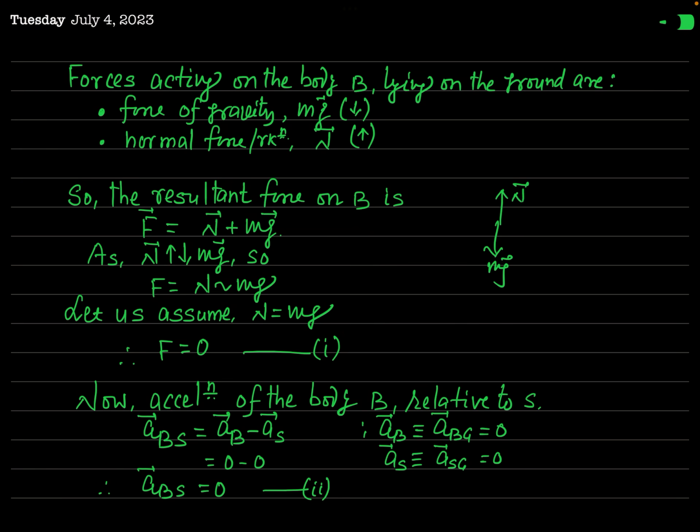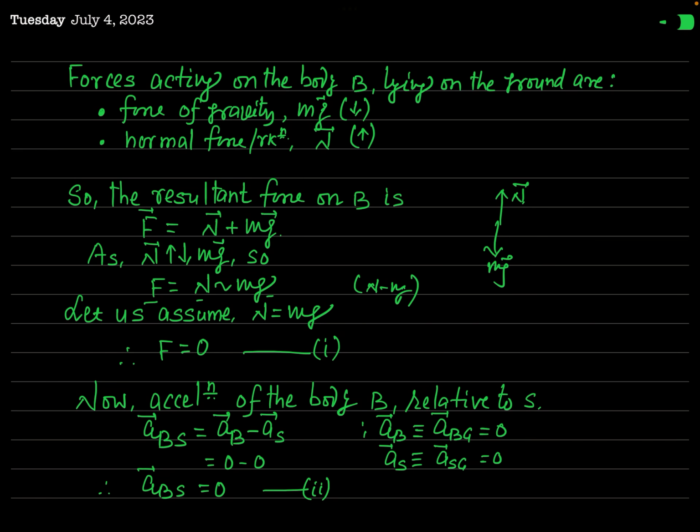And you know, when two vectors are in opposite directions, the magnitude of the resultant vector will be equal to the difference of the magnitudes of the two individual vectors. So the resultant force will be equal to N difference mg. I have written here the sign of difference. You can also write a minus sign, N minus mg, but writing difference is more appropriate.